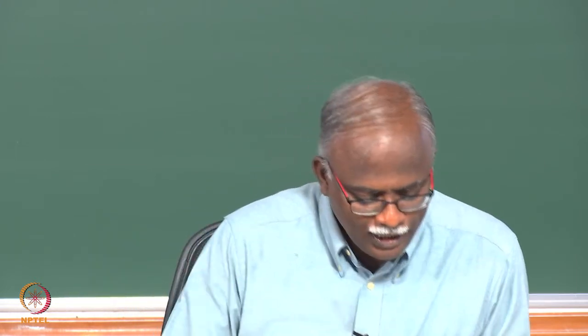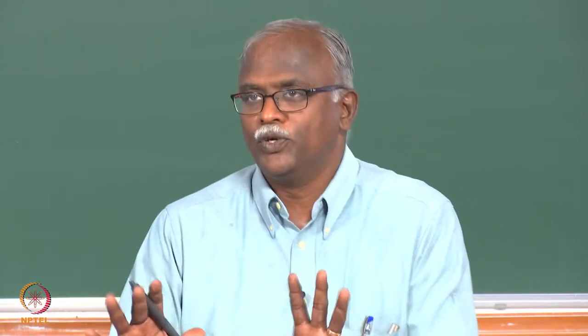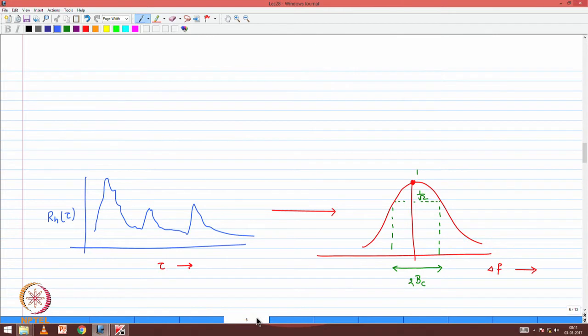So now let's do a pictorial representation. What we saw in the last class was that the power delay profile, this is the power delay profile, Fourier transform gets us to the spaced time, spaced frequency function, the correlation function.